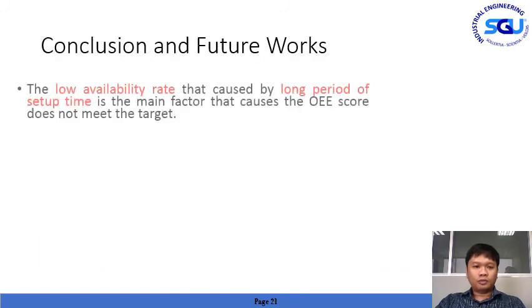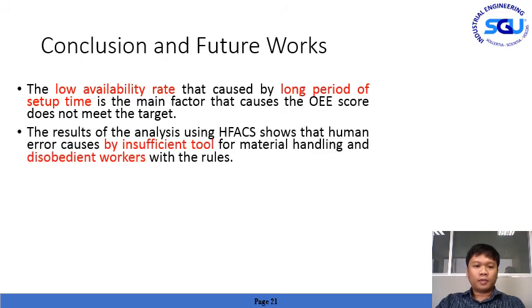So for the conclusions, we can see that the cause of the low availability rate is the long setup time, so the OEE doesn't meet the target. Next, the HFACS findings show that the human error is caused by insufficient tools for material handling and also workers disobeying the rules.